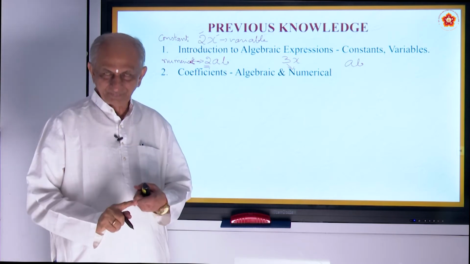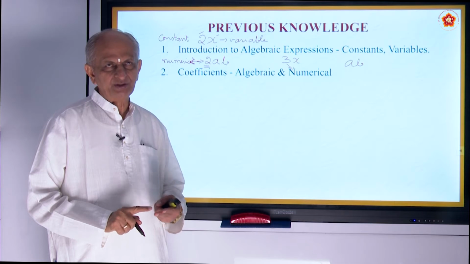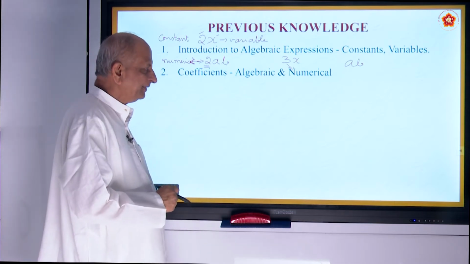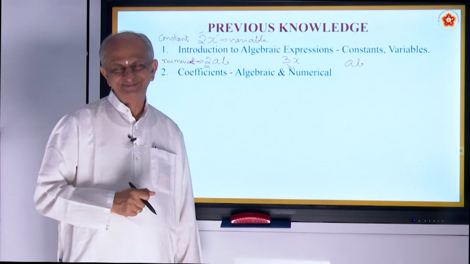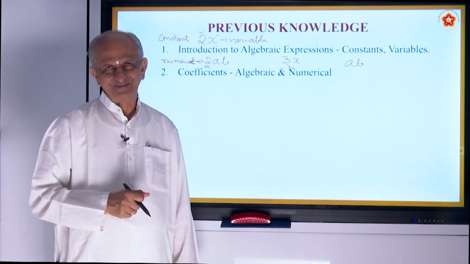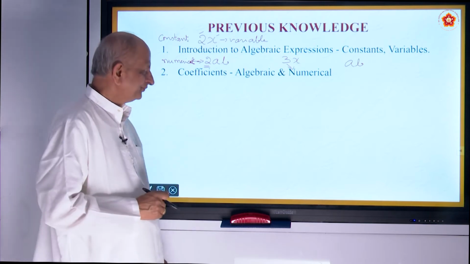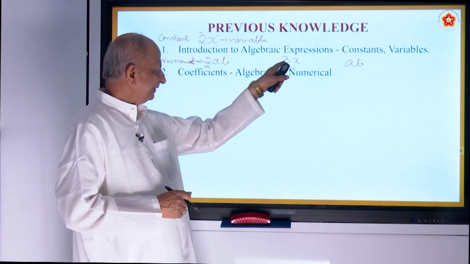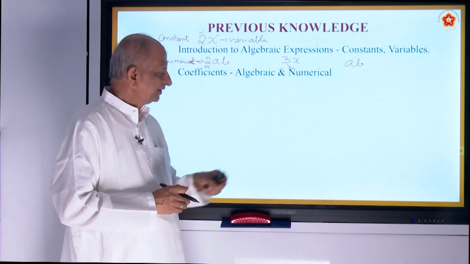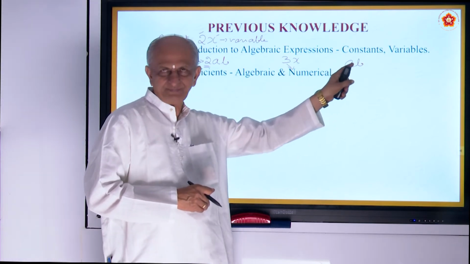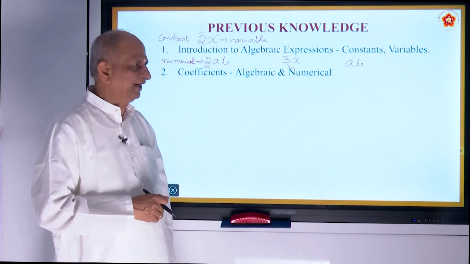The term or the number to which the given term is multiplied is called the coefficient. Is it not? So co means together. So here 3 is multiplied to x, so 3 is together with x. Here a is multiplied with b, b is multiplied with a. Therefore they are called coefficients.